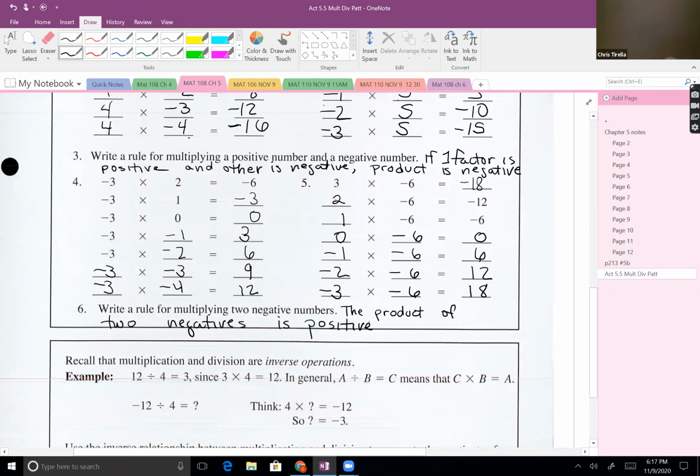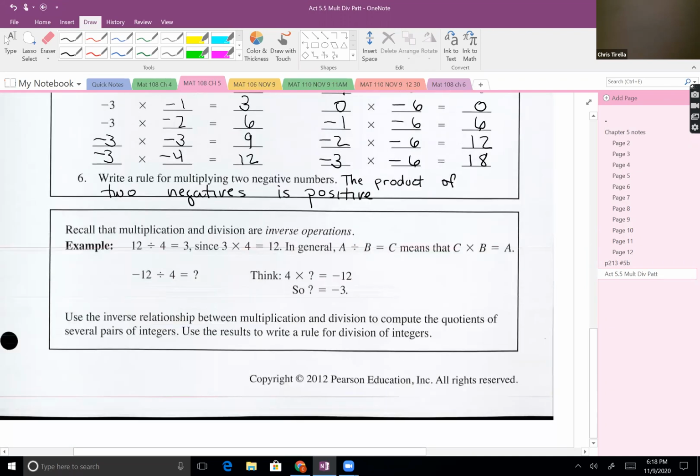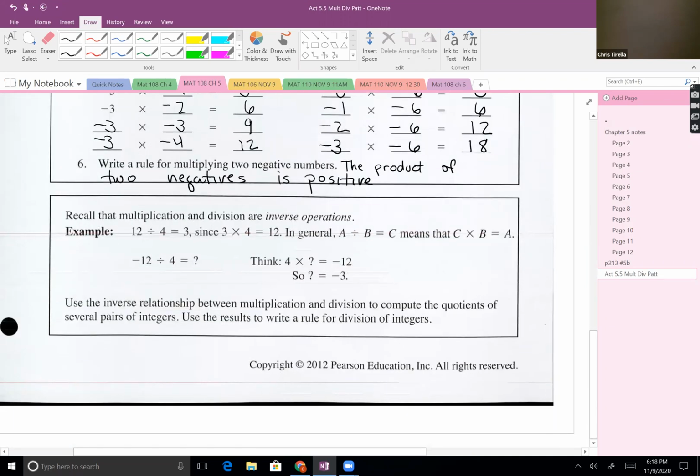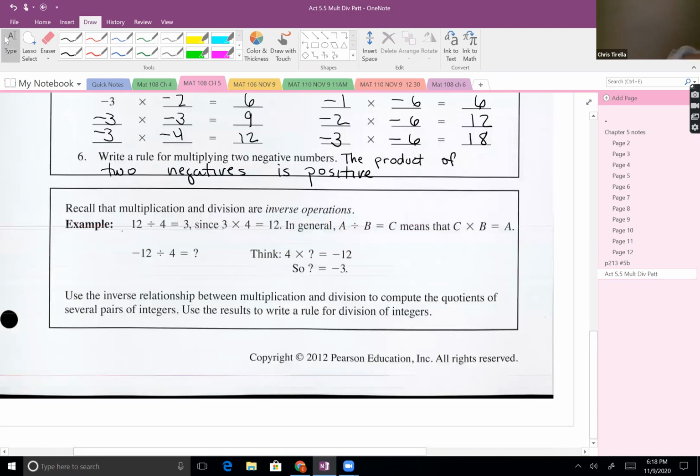And then to extrapolate from there and try to get the rules for division, we're going to make use of those number facts. So since 12 divided by 4 is 3, by definition, 12 divided by 4 is equal to 3 because 12 is equal to 3 times 4.